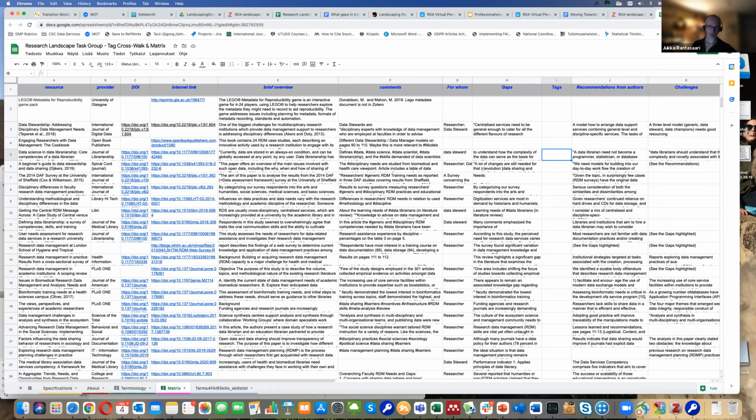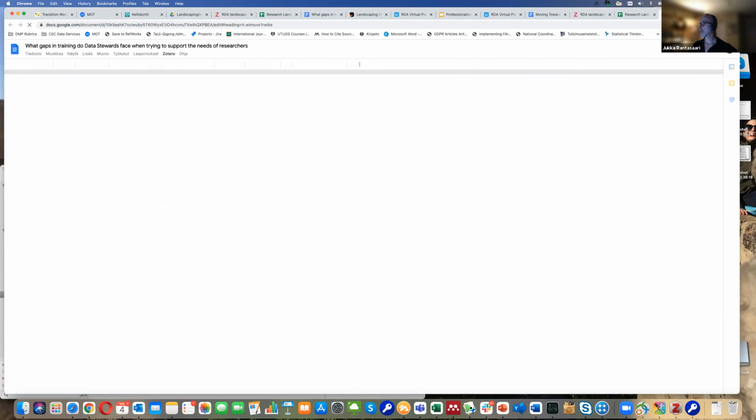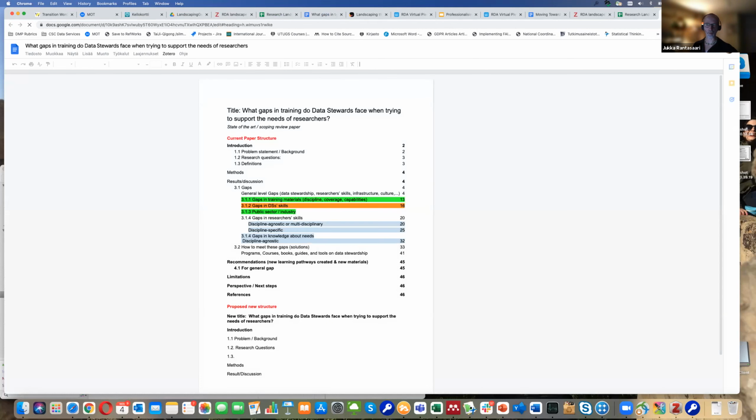After categorizing the sources in the matrix, we moved the relevant text excerpts of the sources to the report platform. In bullet point format, I will show the present phase of our report platform.